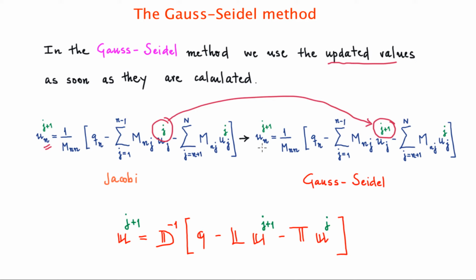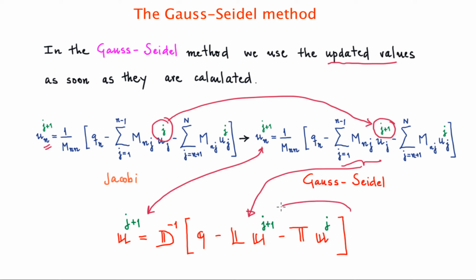Again, the u vector obtained in the j plus 1 iteration can be written as the inverse of the D matrix, which comes from this 1 over mnn, times this q vector, minus the lower triangular matrix times the u vector calculated in the j plus 1 iteration, minus the T matrix, but in this case times the u vector calculated in the j iteration, because they have not been obtained yet in the j plus 1 iteration.